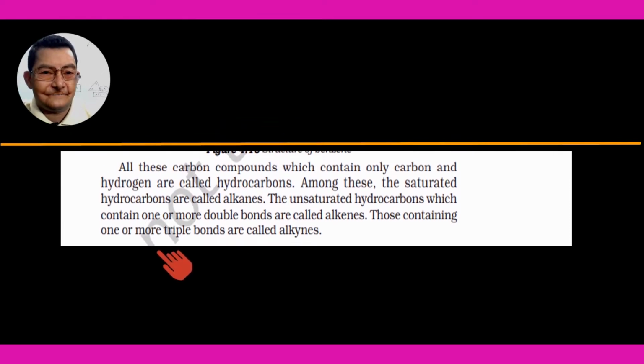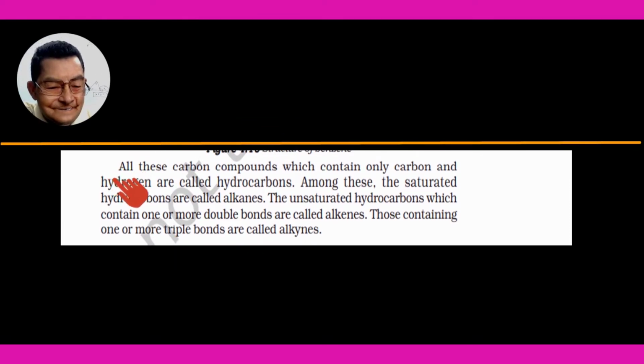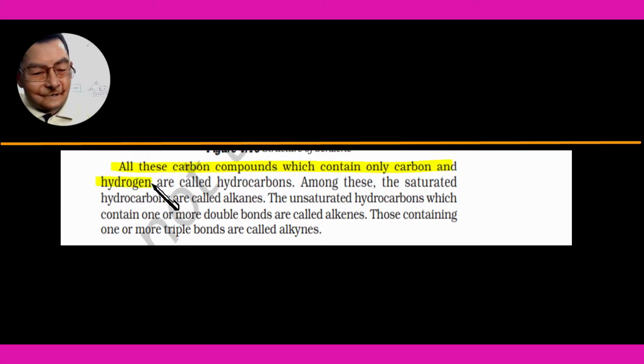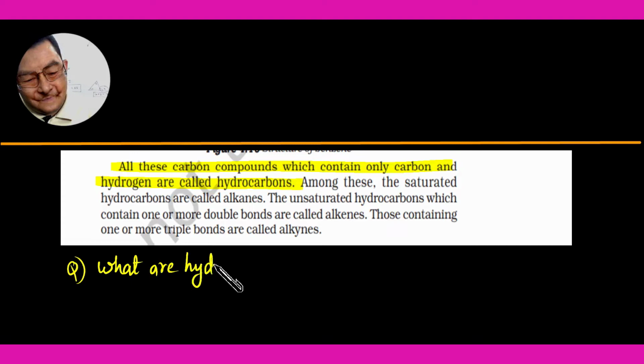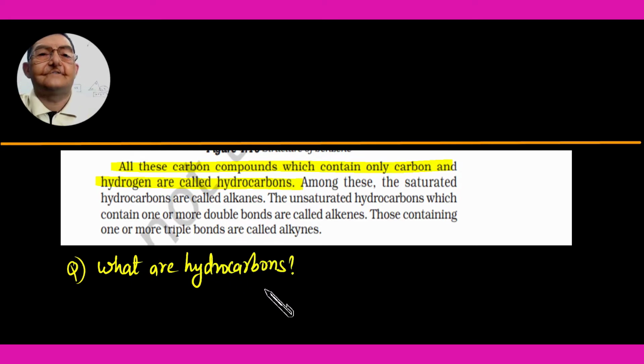Okay, let's continue. It says all these carbon compounds which contain only carbon and hydrogen are called hydrocarbons. One very, very important question comes over here. The question would be, what are hydrocarbons? The compounds of carbon and hydrogen are called hydrocarbons.